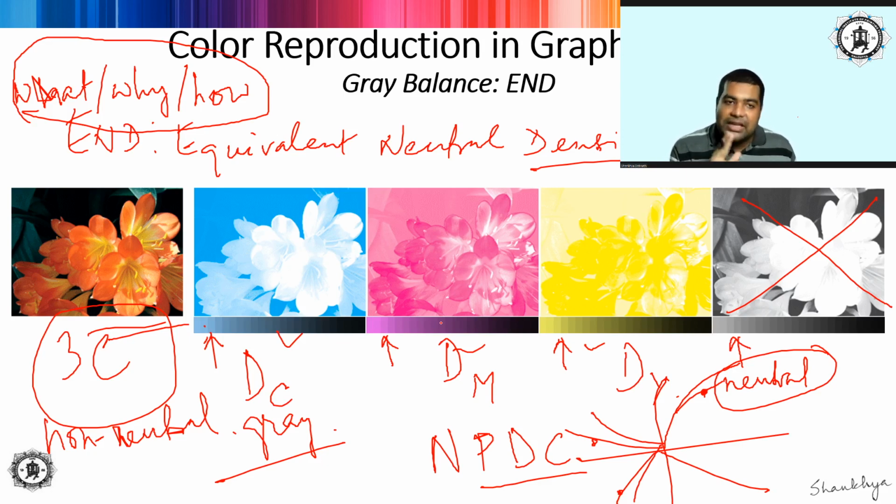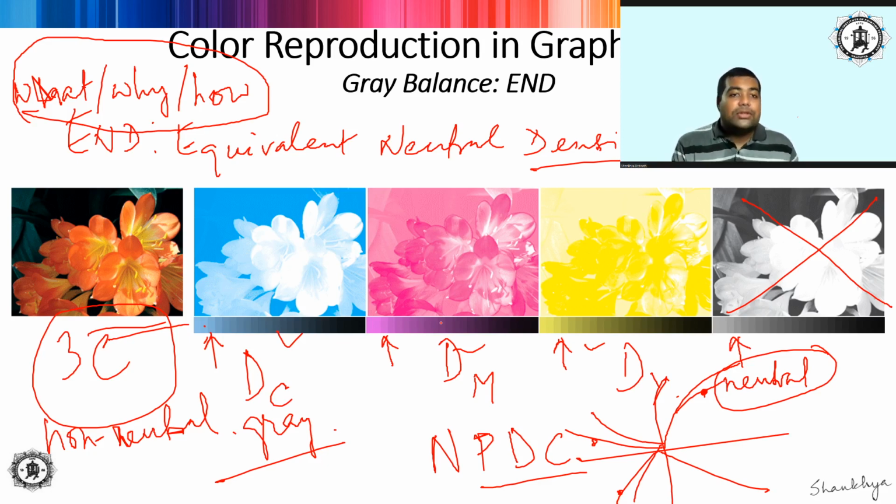What result? That means what was our initial problem statement? Our problem statement is to find out for what densities of the cyan, magenta and yellow, when they're overlapped on top of each other, the resulting gray is a neutral one. That was our initial problem statement. Now we are going to change the density of cyan, magenta, yellow with the dot percentages, because they're analogous to each other, right? They vary proportionately with each other.